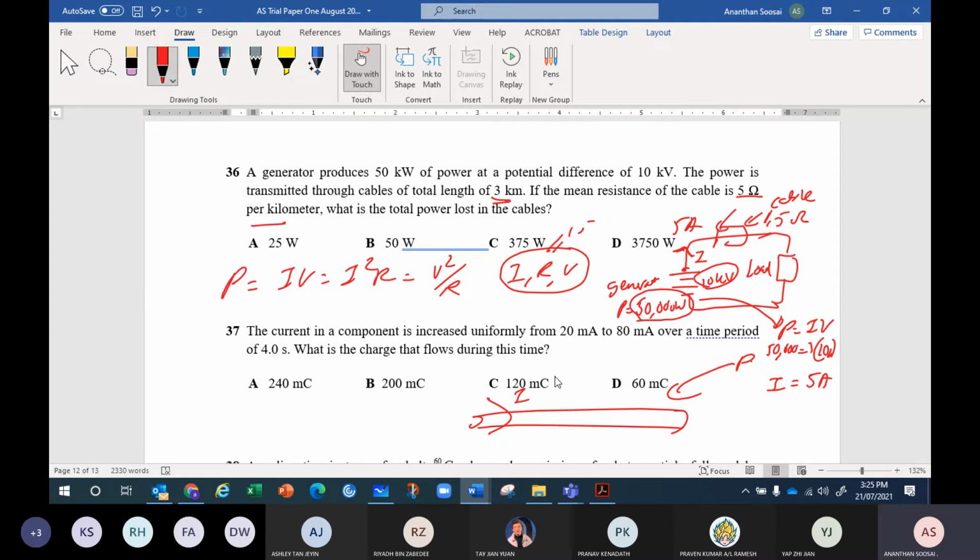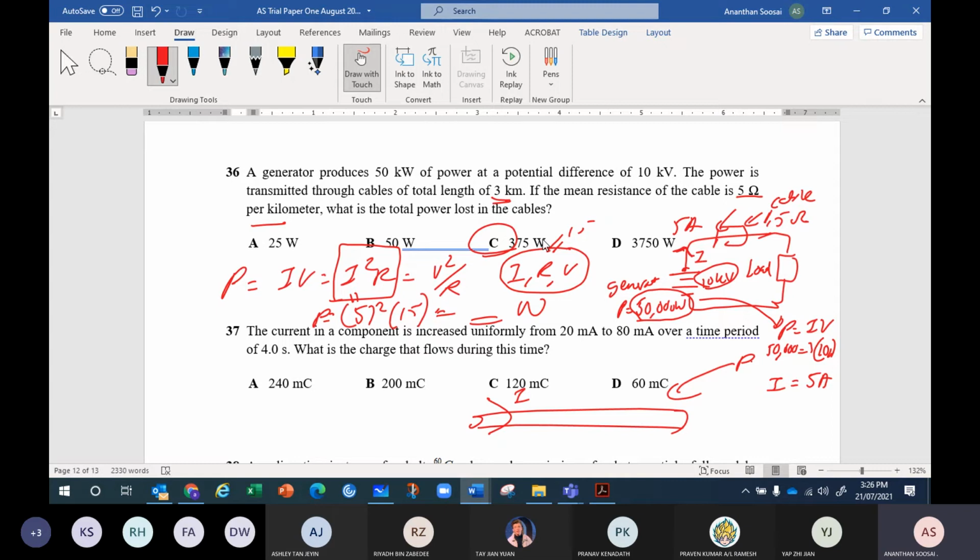The suitable formula is I squared R. For the cable, the power loss is 5 squared times the resistance 15, in watts. How much do you get? 3,750? No, 375. 375. That's the answer.